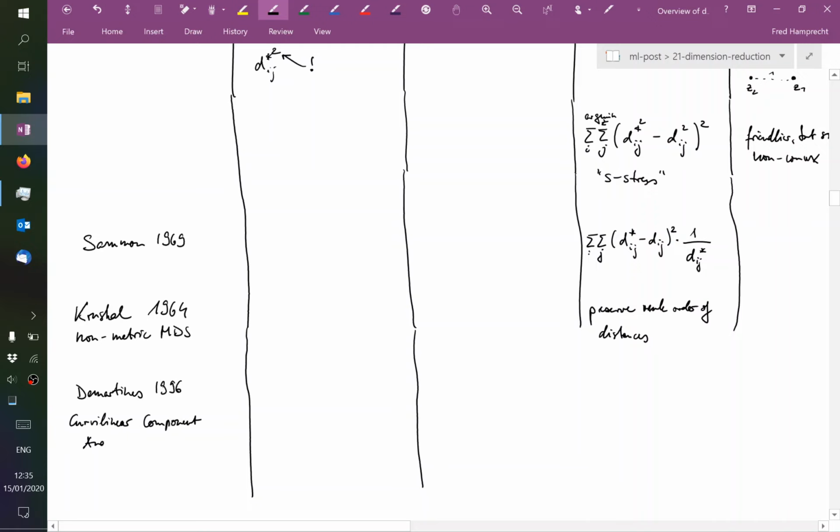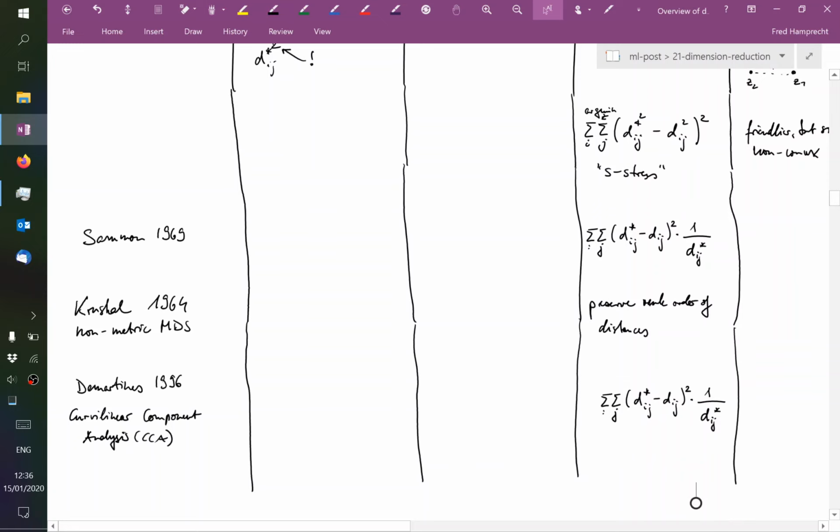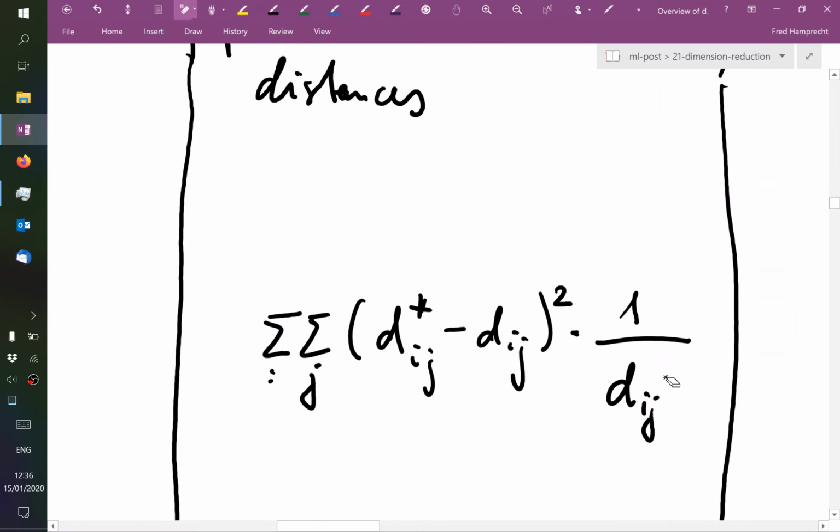So not principal component, but curvilinear component analysis, or CCA. And he took Sammon's formula and omitted the star. Note there's nothing here.